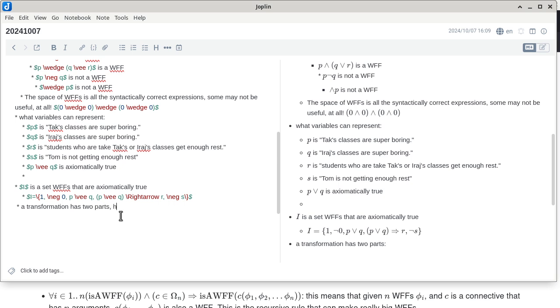Here is an example. The example is going to look like this. We have a set, and then we have the infer symbol, which is your v dash. If you want to use LaTeX, it is called v dash, and then we have another expression here. So I'll be more specific.